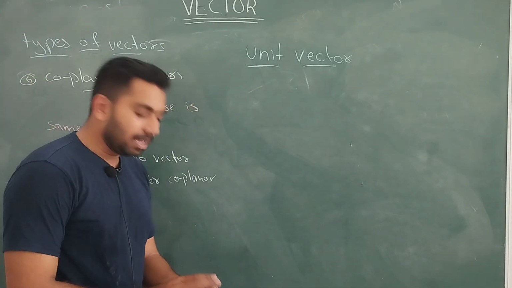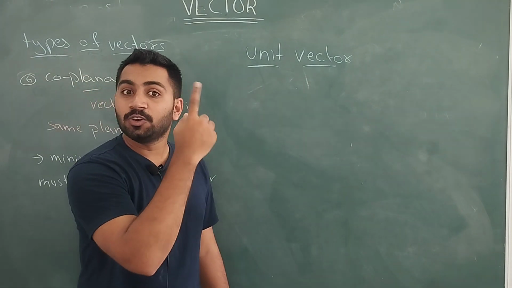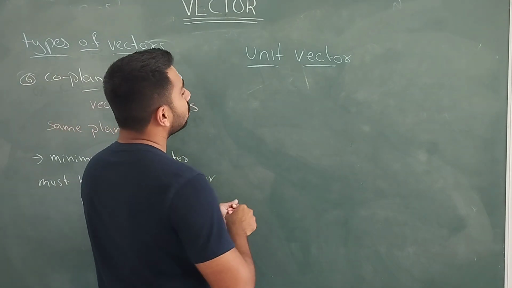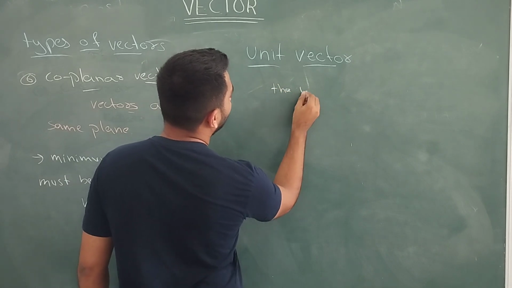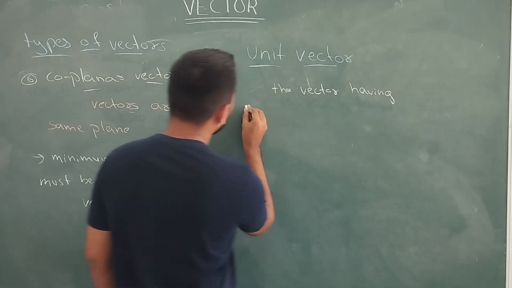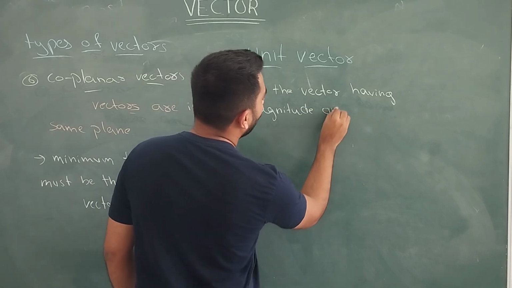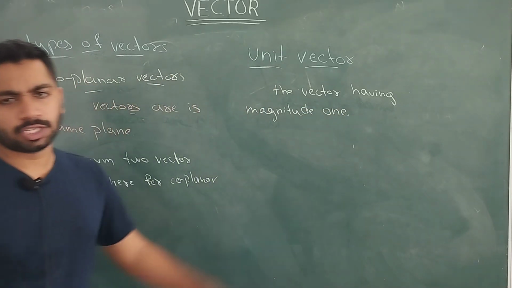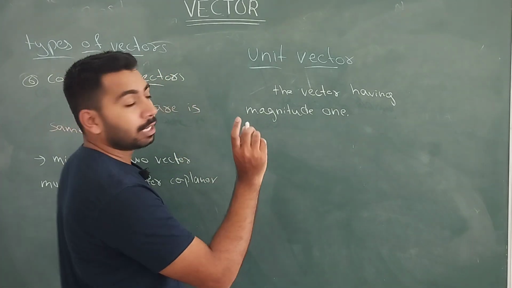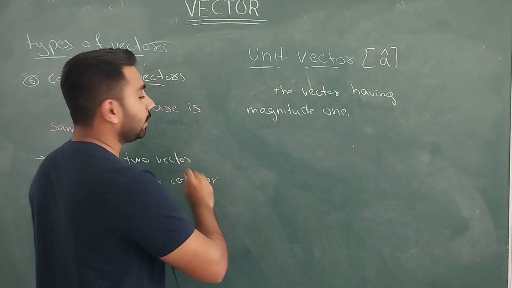Now why is it very important? I'll tell you. Basically, a unit vector means a vector which has magnitude 1. Sir, it has only 1 magnitude, why are we fearing it? No, we must give respect. The vector having magnitude 1, and direction of course is present, and we use it only to represent direction. Always remember, a unit vector is represented by a vector with a cap.